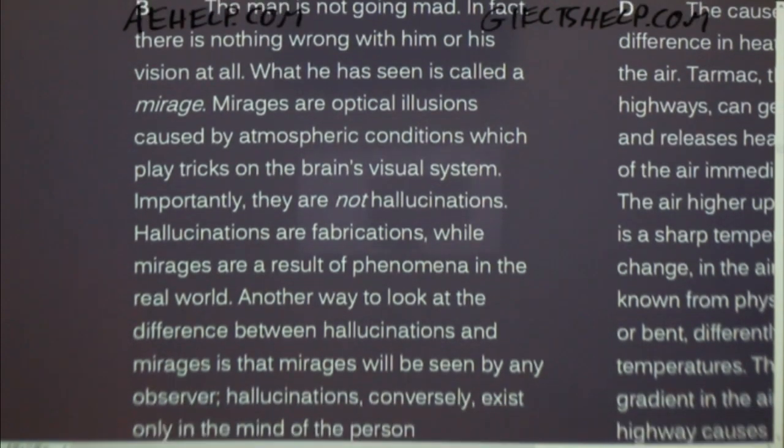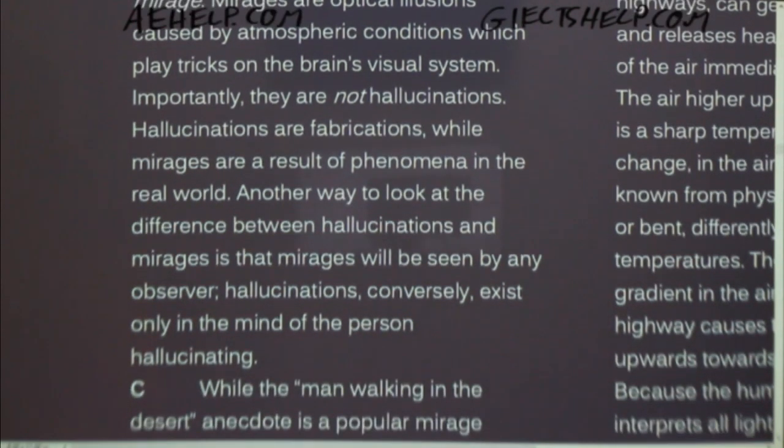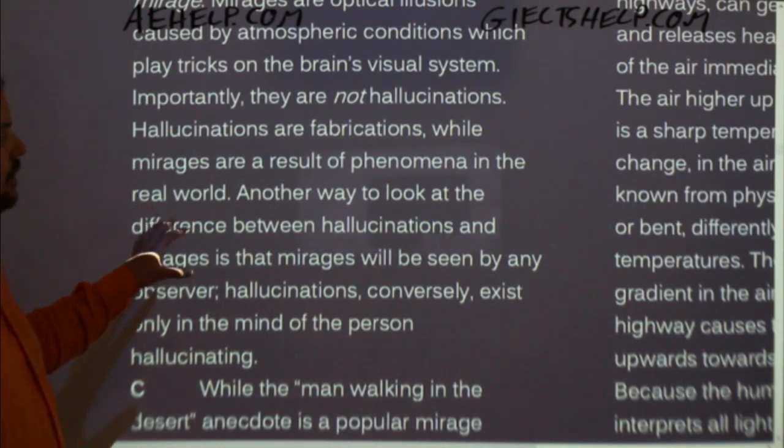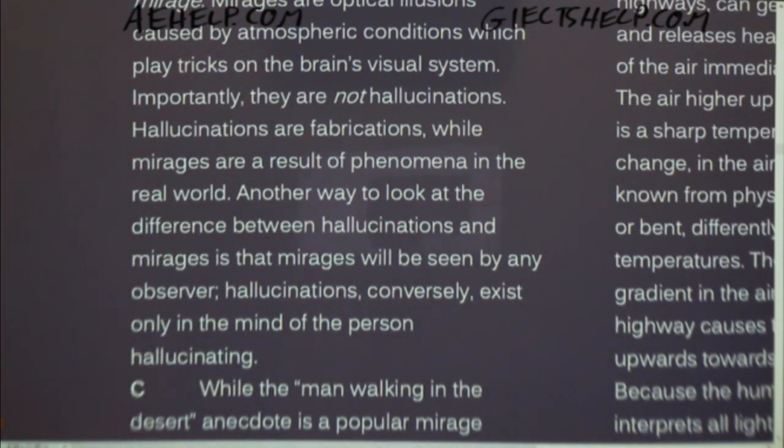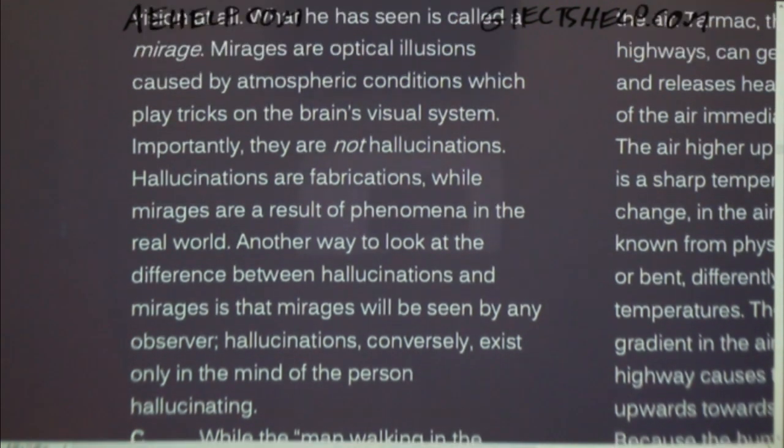Importantly, they are not hallucinations. Hallucinations are fabrications, while mirages are a result of a phenomenon in the real world. Another way to look at the difference between hallucinations and mirages is that mirages will be seen by any observer. Hallucinations, conversely, exist only in the mind of the person hallucinating.